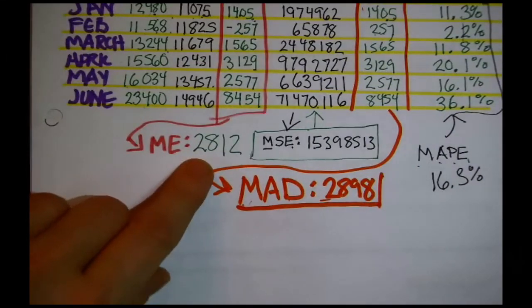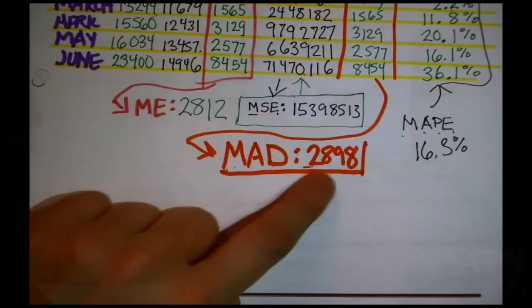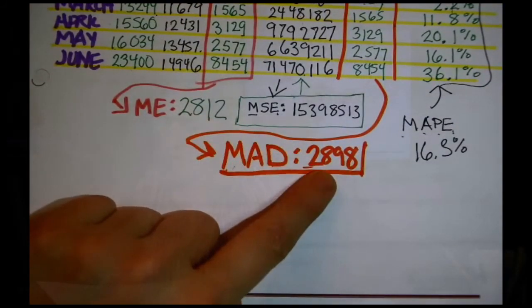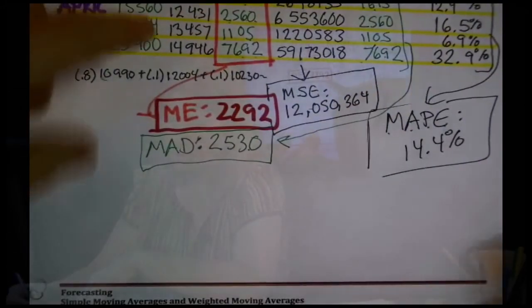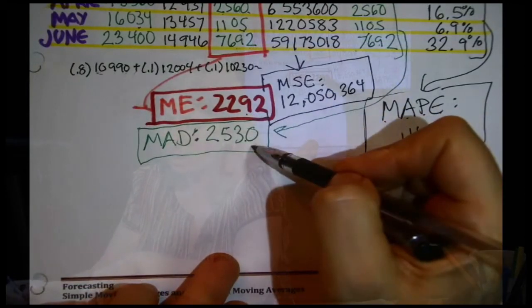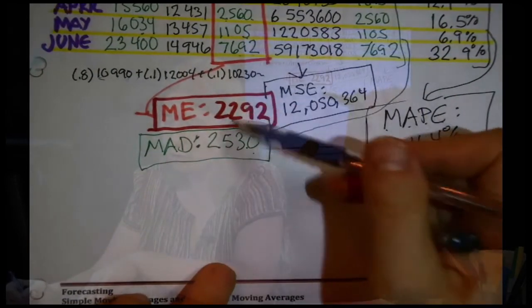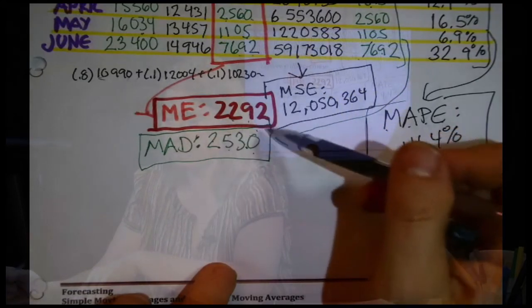Here's the mean error, here's the MAD. These two things are not the same number, but they're pretty similar to each other. And here, this is the mean error, that's the MAD. Oh, this is nicer with the weighted moving average, but we're still talking about 2,000 some odd. They're still very, very similar.